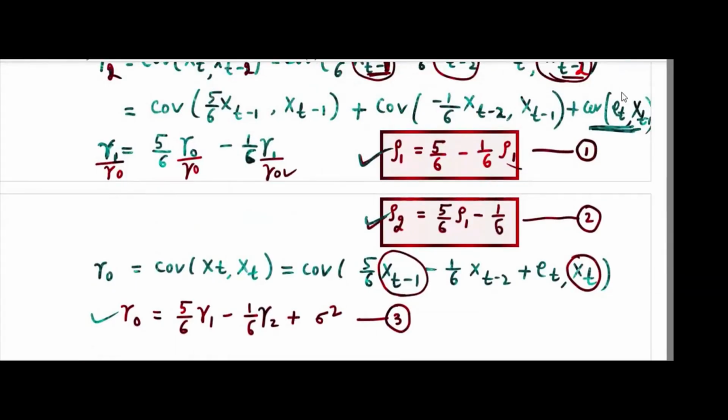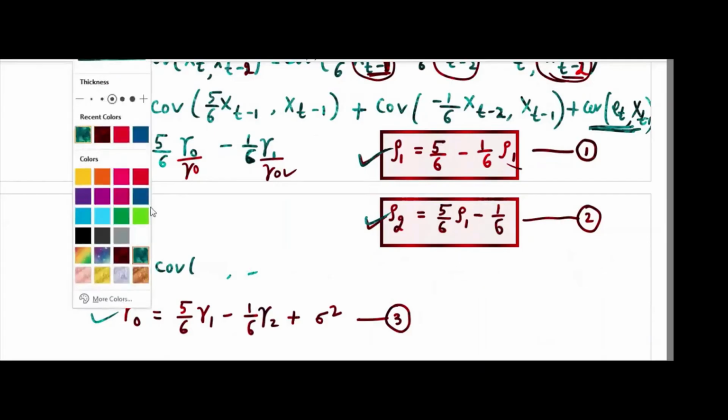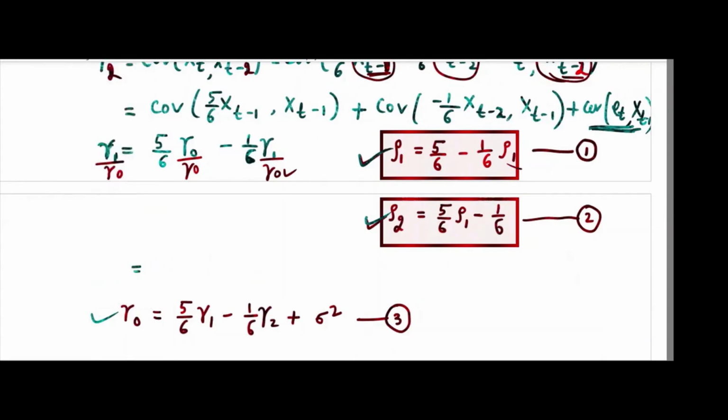Then similar to this one, if you find here 3, okay, we found 2 here, then we'll find 3. This looks messy, so let me erase everything. Okay, let me write.